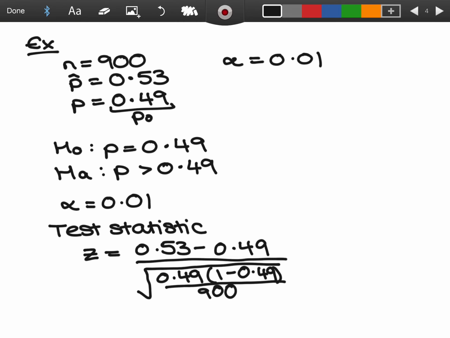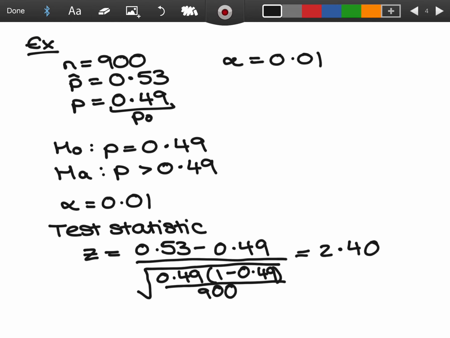You can quickly figure that out. I can do that on a calculator very quickly. I get my Z value is 2.40. So that is my test statistic.